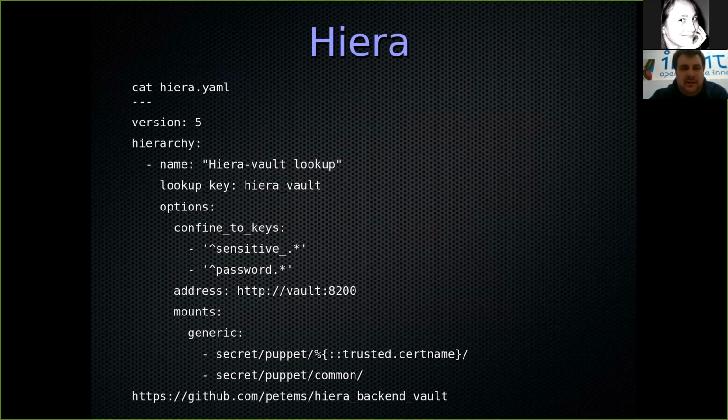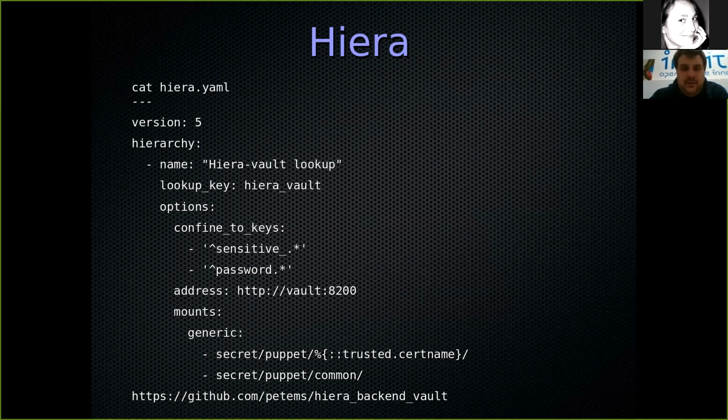So in this example, I'm showing a setup where we go into Vault through Hiera only when my keys start with the word sensitive or start with the word password. Any other time this Hiera backend gets bypassed, and therefore we will not have a load on Vault, and Hiera will return more quickly.